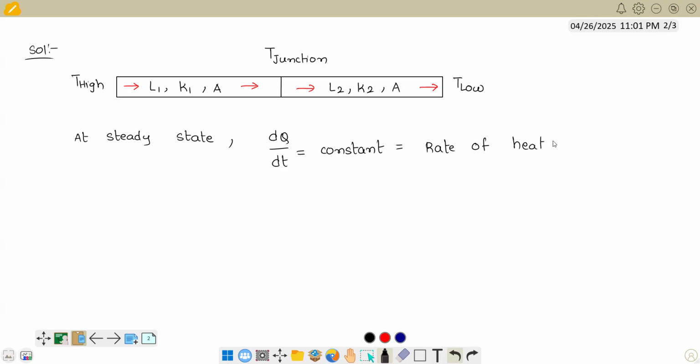This is similar to current flow in circuits, even though right now for some students current electricity might be completed, for some it may not be.